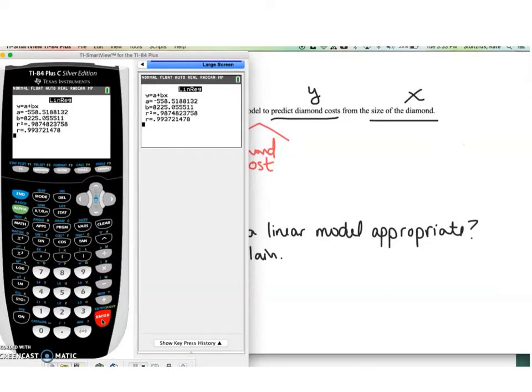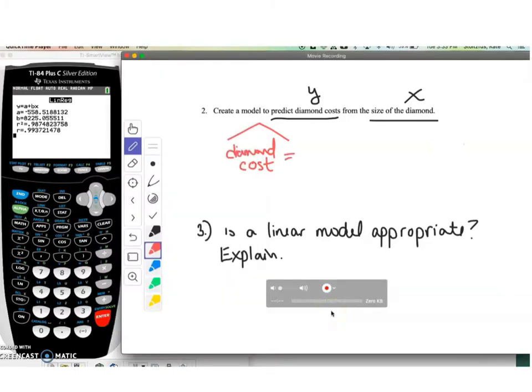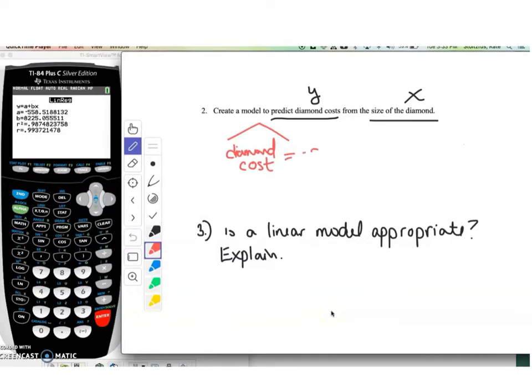So my diamond cost is equal to negative 558.52 plus 8225.06 times size. Okay, make sure that you don't forget your hat for the predicted diamond cost.